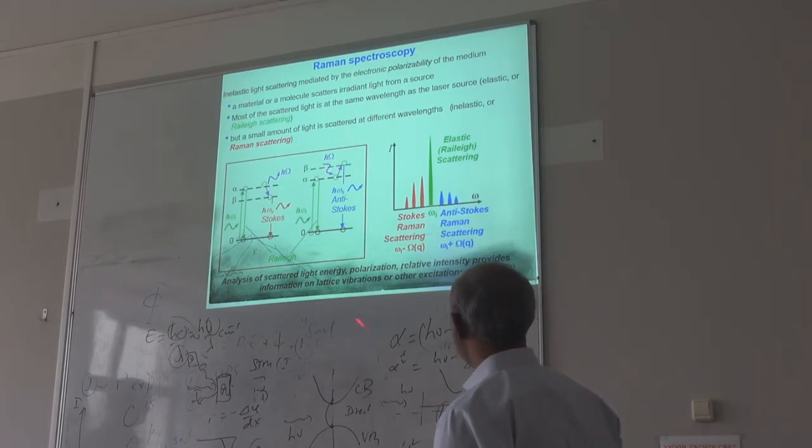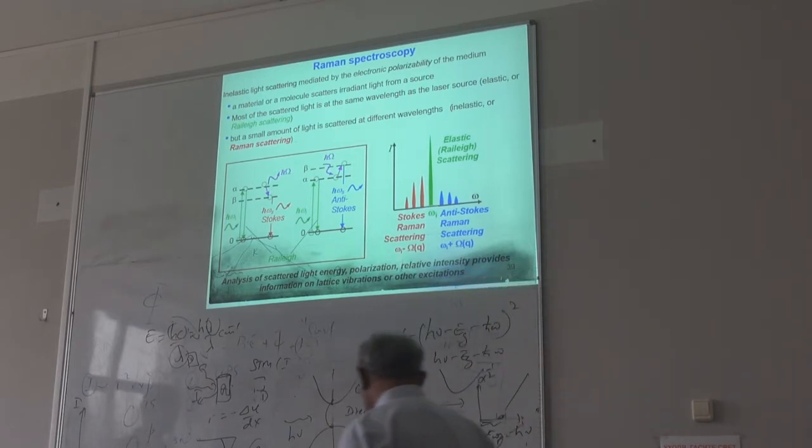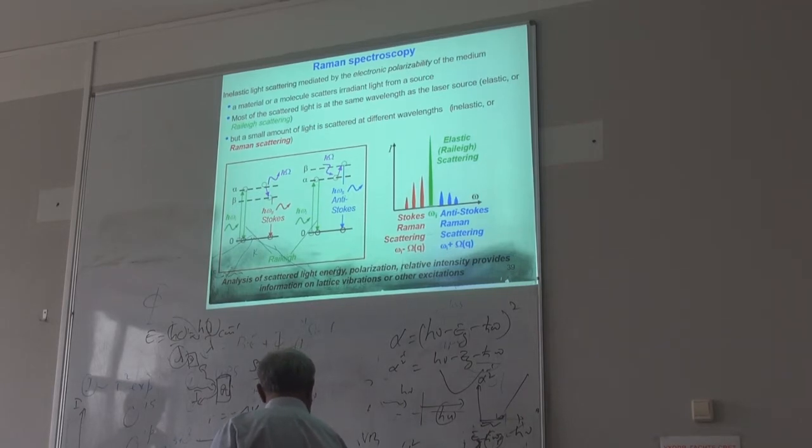So basically people are only looking at the Stokes because anti-Stokes is very weak. If you look at typically Raman spectroscopy, what you are measuring is this change in your wavelength, right? 1 over lambda initial, 1 over lambda final. So this change in 1 over delta lambda.